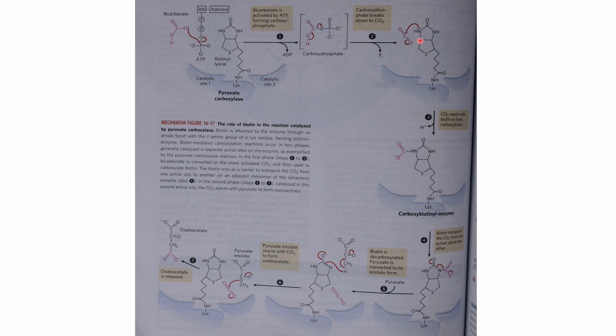So this is the biotin moiety, and it's right over here. This is the biotin moiety. So the carbon dioxide is attached to it right here. You see that in this form here, and this is a carboxybiotin. So this is biotin anchored to a lysine in the pyruvate carboxylase enzyme.